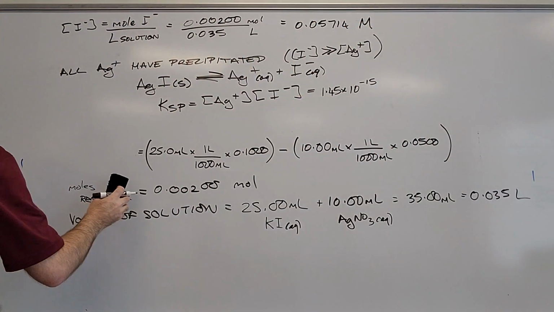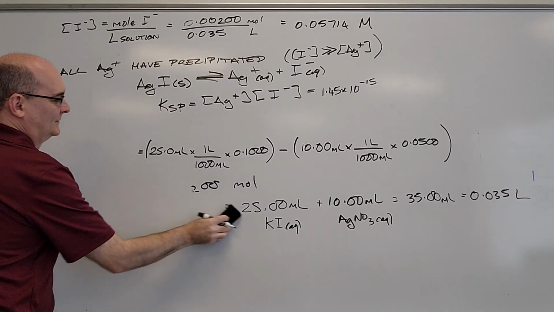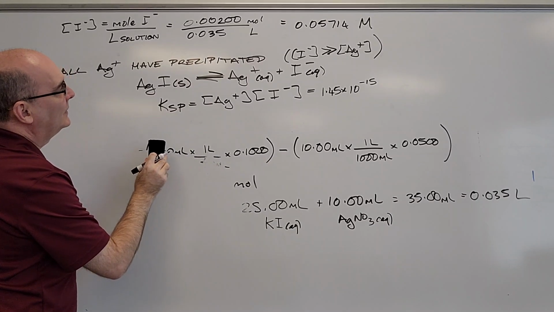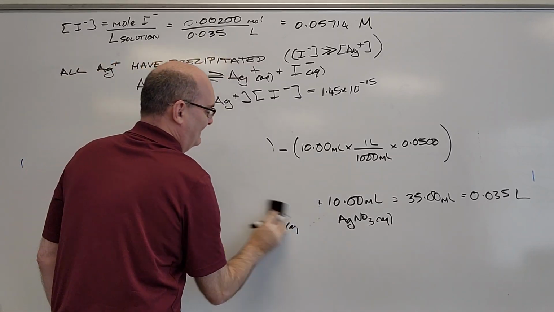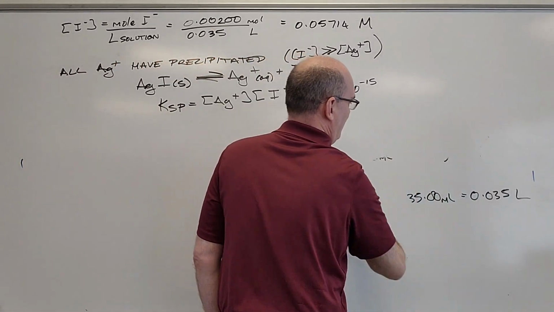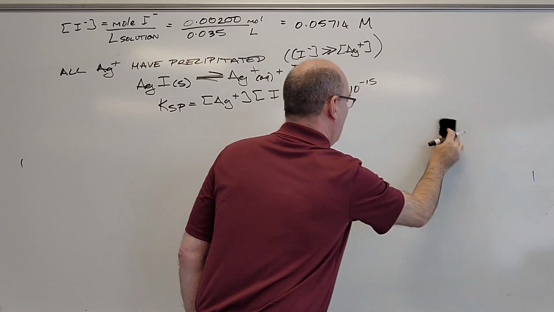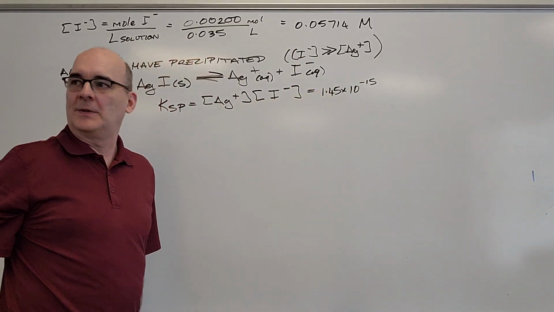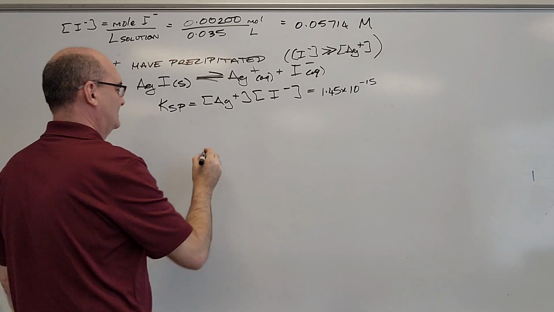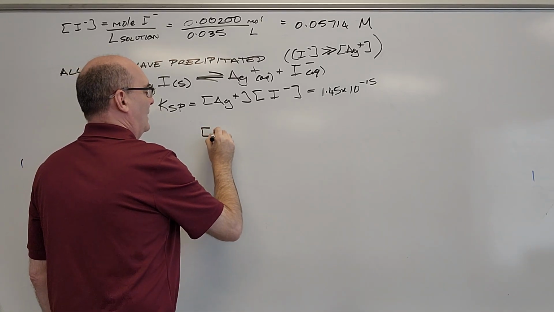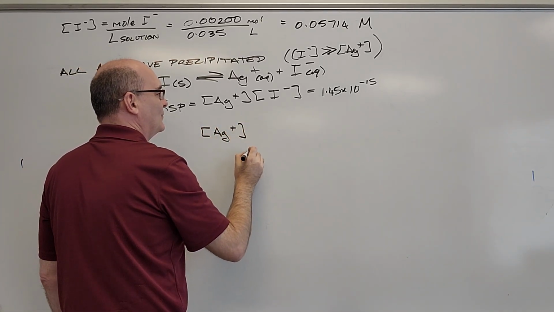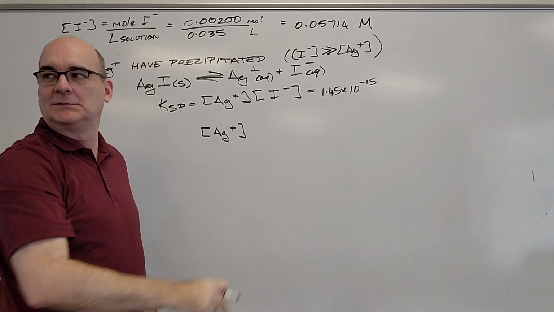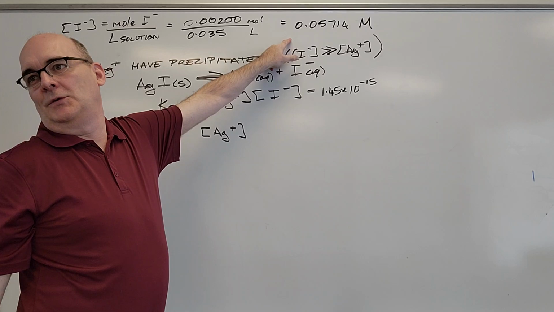Okay. That number times that number is equal to this number. Ag plus is the number I'm trying to find. I minus, it's on the board.